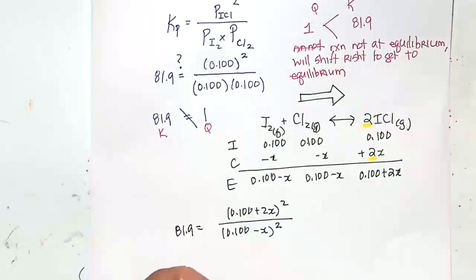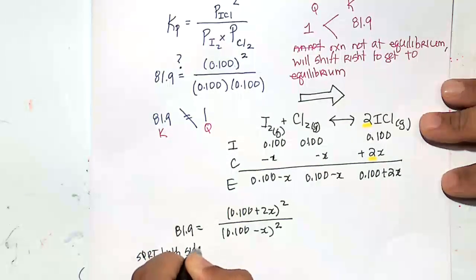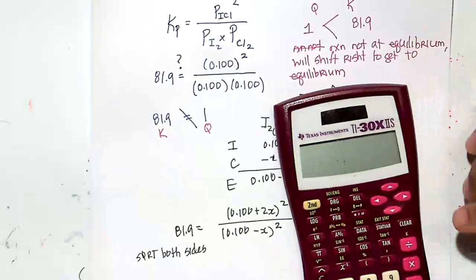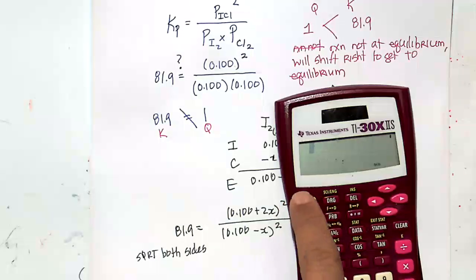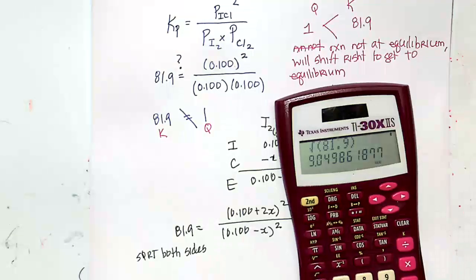Now we will solve for x. I'm going to square root both sides. What's the square root of 81.9? 9 point something, you're right. Square root of 81.9 is 9.0.